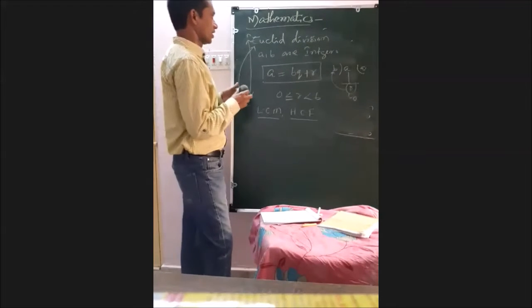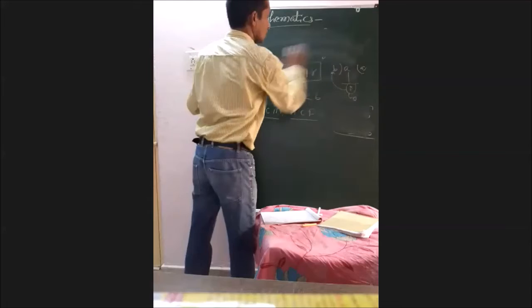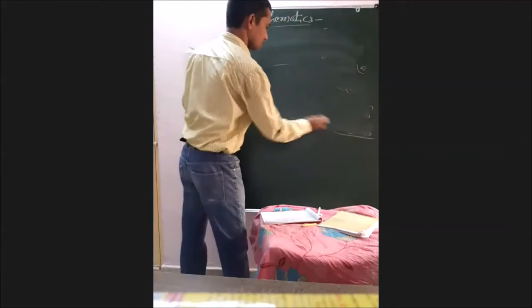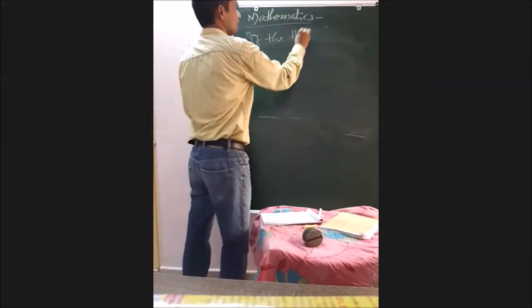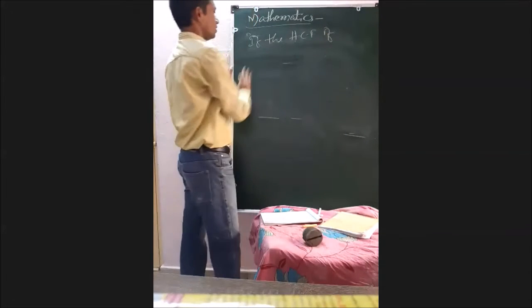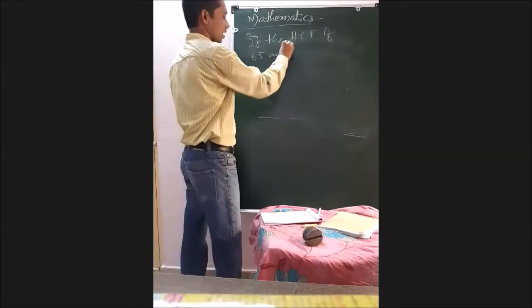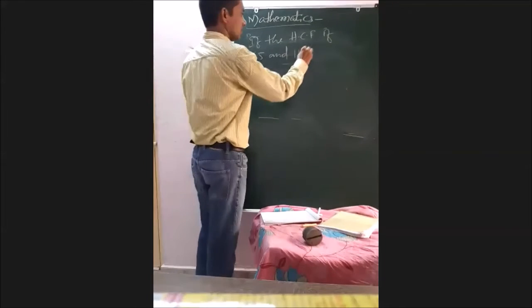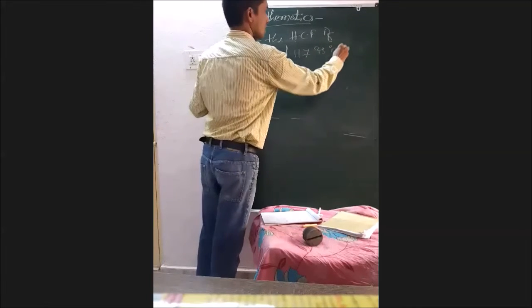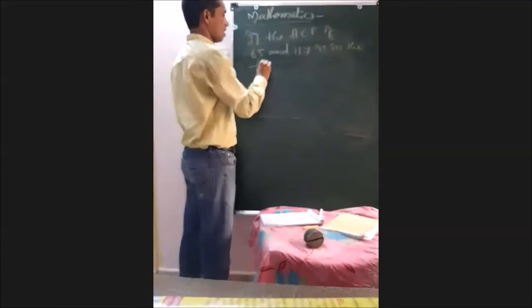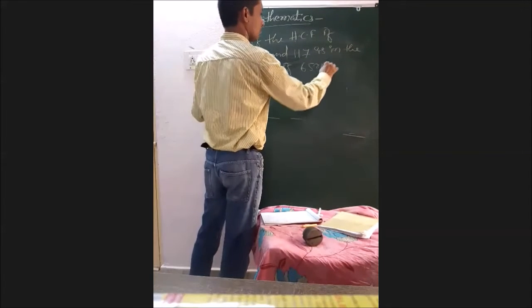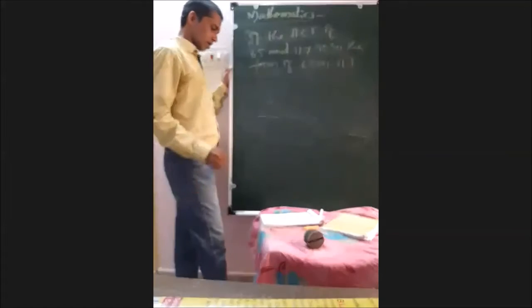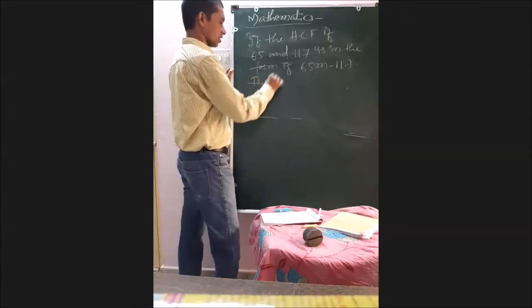I will tell you one more question, note it down in your notebooks. This seems to be a tough question, but it is very simple. If the HCF of 65 and 117 is in the form of 65m minus 117, please note down the question.